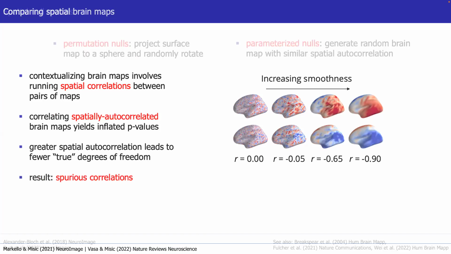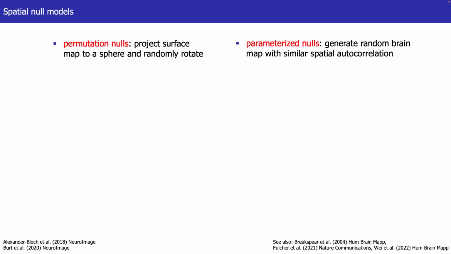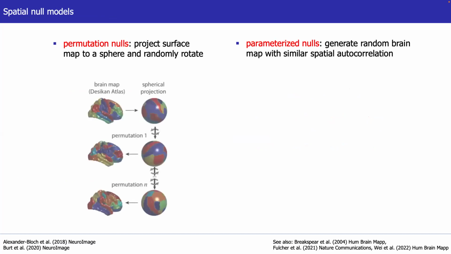So what you're going to need to do is use some sort of spatial null. There are basically in the field right now two broad families of spatial nulls. First, so-called permutation nulls, where you take a brain map, project it to a sphere, apply random angular rotations, and bring it back, and you have a new brain map that has the same values as before, but now the locations have been randomized while preserving spatial autocorrelation.